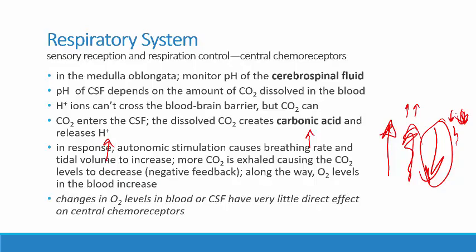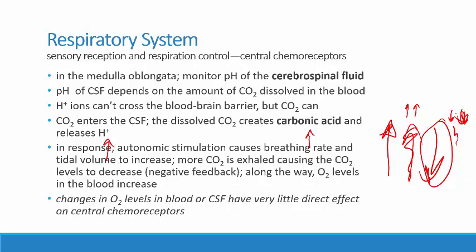So if we increase our breathing rate, we're going to lose more CO2. We breathe it away. And along the way, oxygen levels are going to increase. So we control our rate and depth of breathing basically through CO2, not through oxygen. Most people would tell you it's the amount of oxygen in your blood that determines how quickly you're breathing, the idea being that if oxygen were low, you'd breathe more so that you get more oxygen.